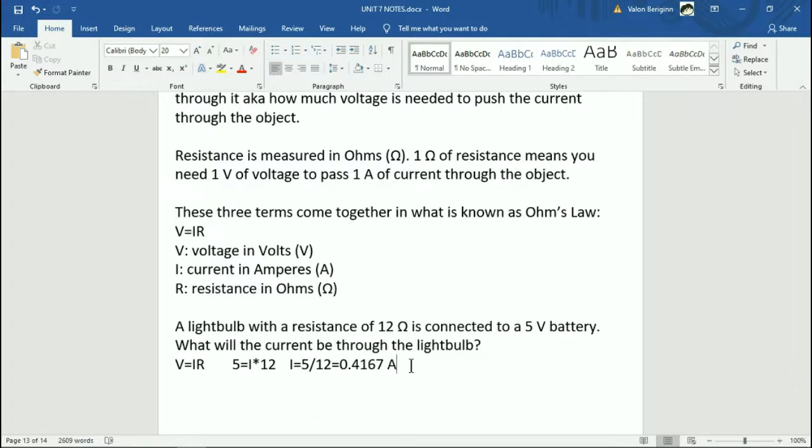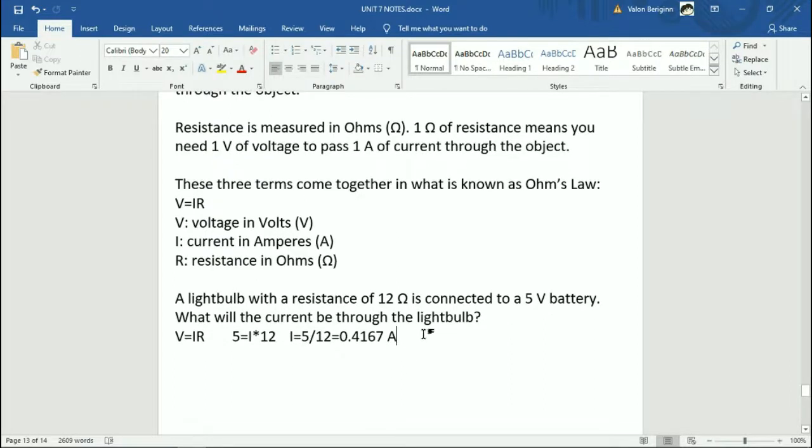Now, there's a couple more things I want to get at. So far, this is an introduction to circuits. What is a circuit? It's basically connecting a battery, or some sort of electrical energy source, to objects to allow them to do things.